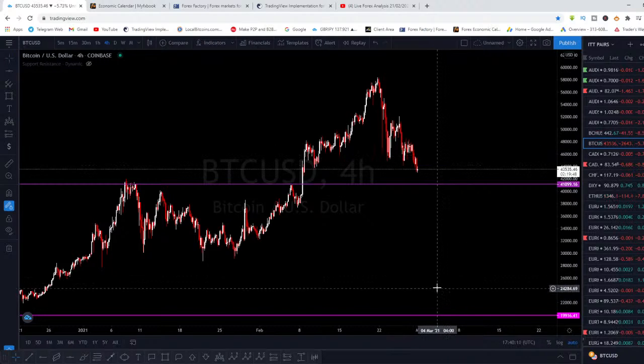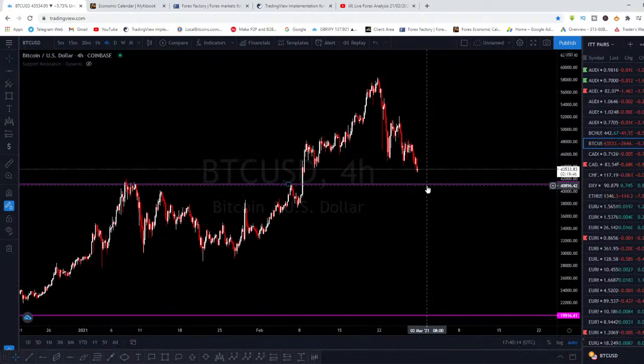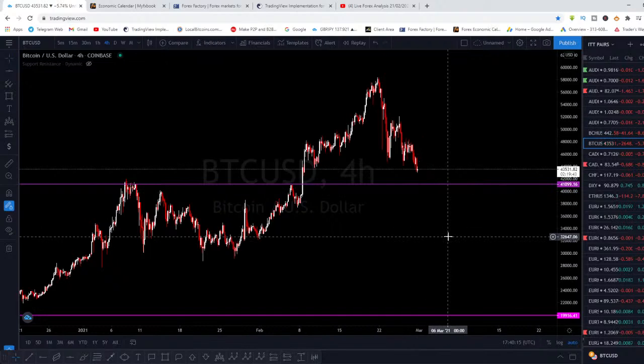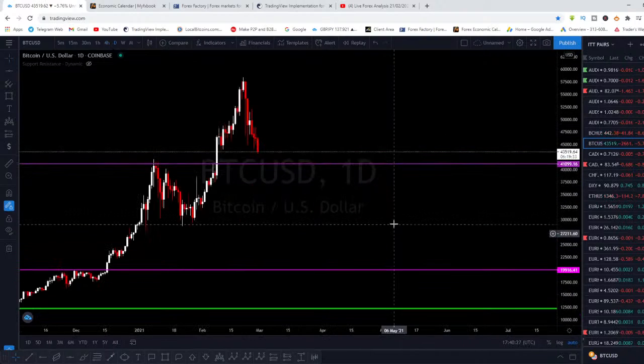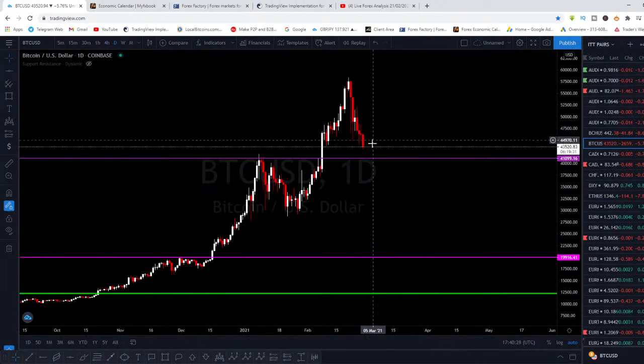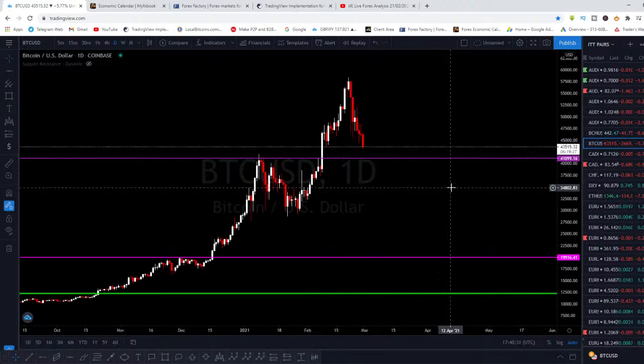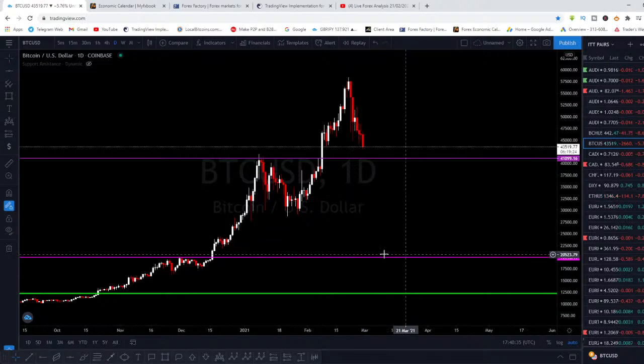It might fall back down to the downside if it breaks out of this 41,000 mark, right? And make sure that you look out for whether the move is impulsive or just a corrective move, right? Because if you go down to the daily time frame, you're going to see that this is just a corrective move. That's what I'm saying, that once it breaks out of this $41,000, it's going to go back down to around this 20,000.